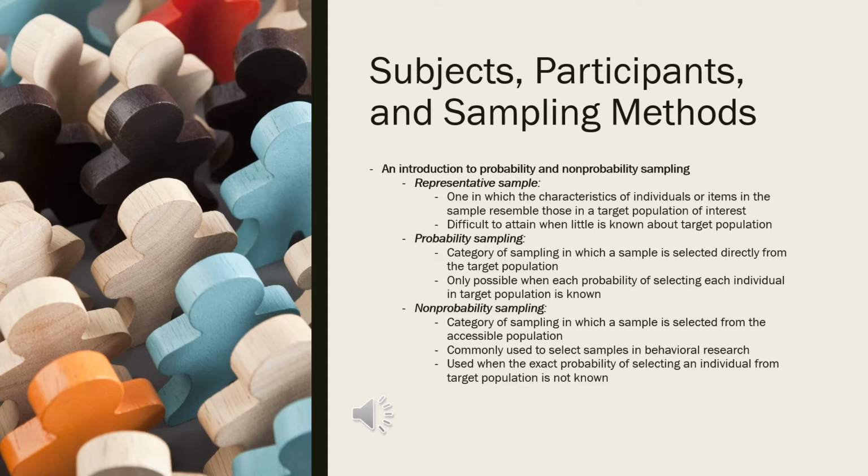So for the representative sample, a subset of the population is what we would seek to accurately reflect the characteristics of the larger group. If we had a classroom of 30 students with 15 males and 15 females, we could generate a representative sample that might include 6 students, 3 females and 3 males.